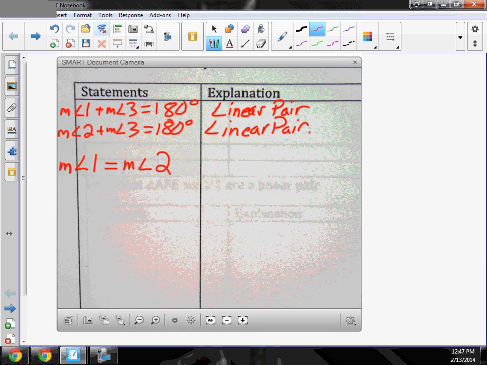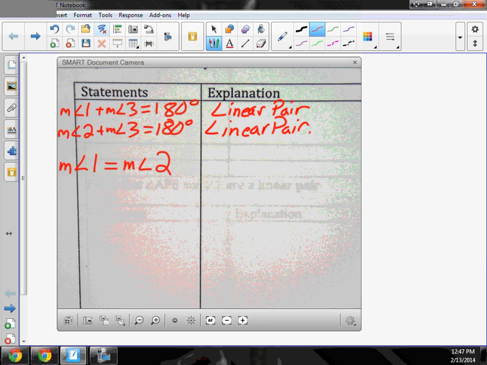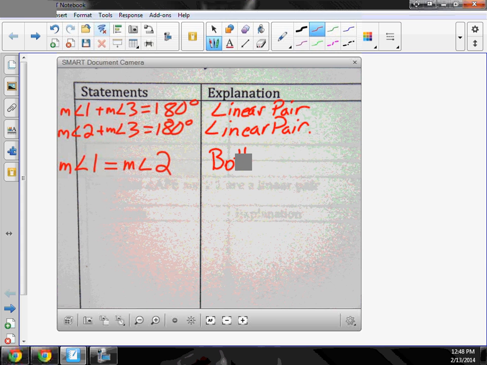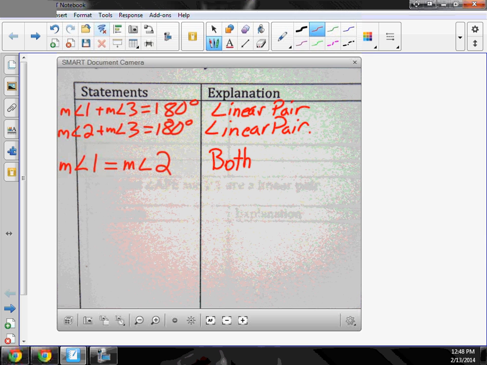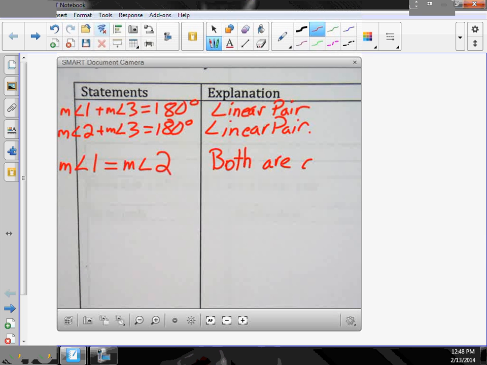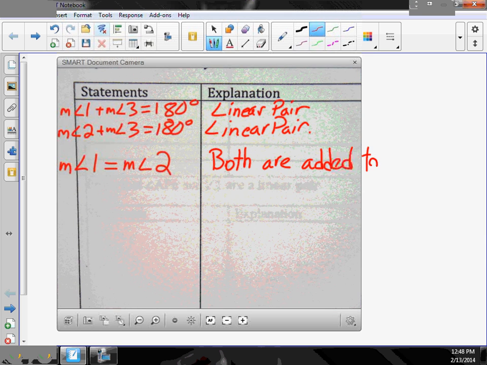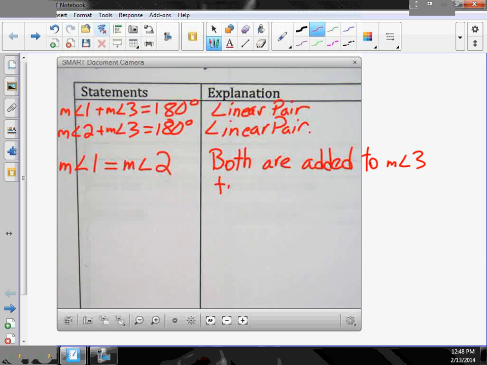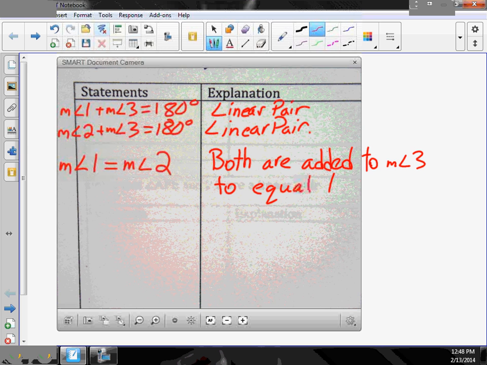And there are several ways to explain that. I'm just going to say both are added to the measure of angle 3 to equal 180 degrees.